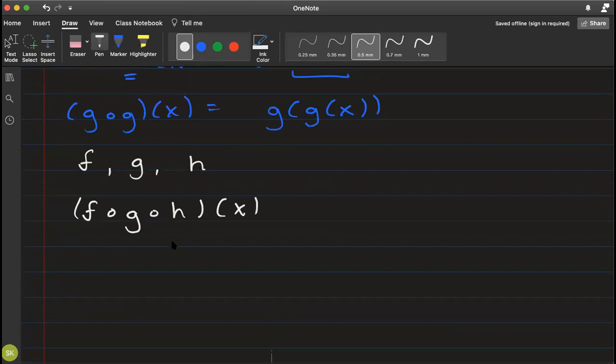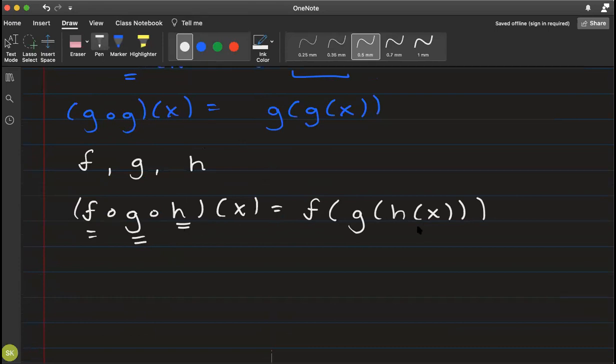And what I mentioned about reading it from right to left, what the definition of this would be is we start with h, then we go to g, and then we go to f. So this is equal to f with g with h plugged in.